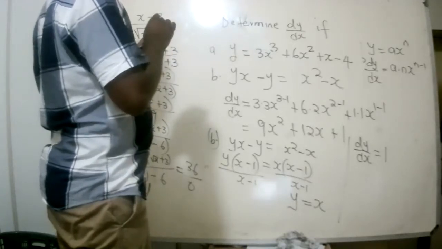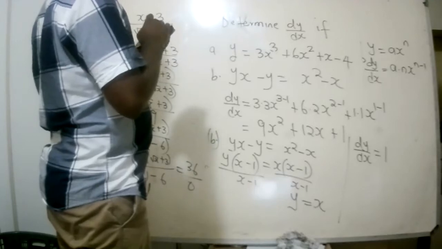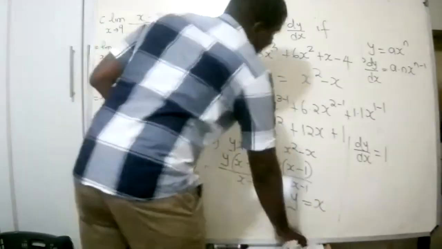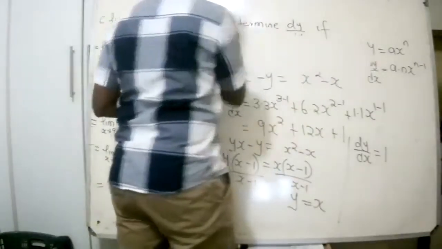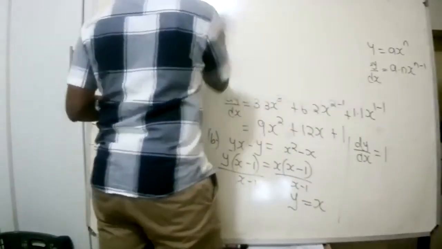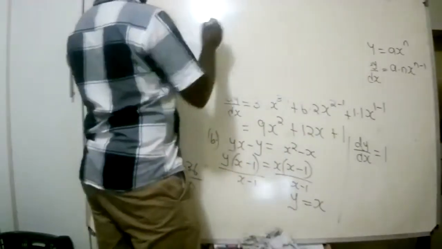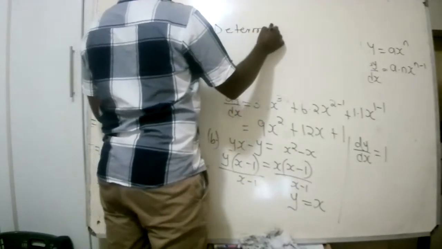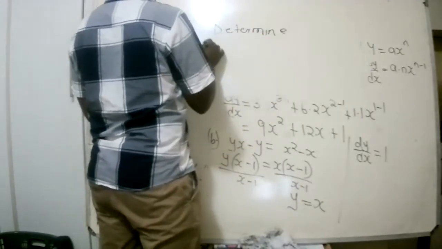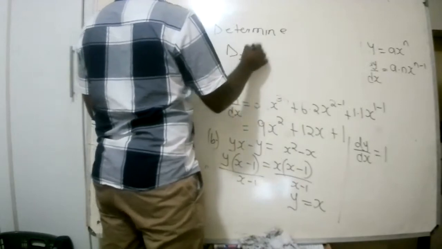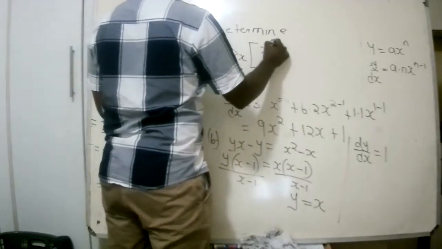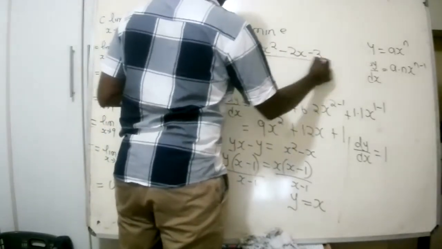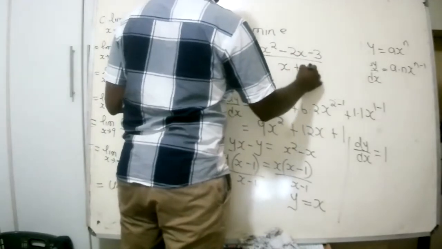There's this other question I want to do with you, but you will have to try it first so that I see if you are getting this right. So the question requires us to determine d over dx of x squared minus 2x minus 3, all divided by x plus 1.